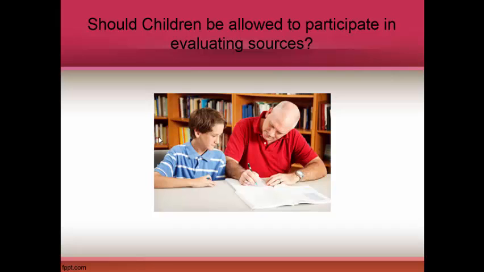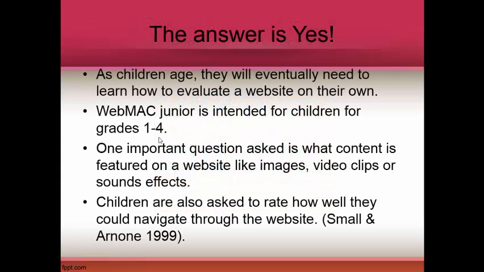Another question is, should children be allowed to participate in evaluating sources? The answer is yes, because they will need to know eventually what to look for, and the age range for doing that would be ages 1 through 4. You'd want to use a program like WebMac Junior. It gives 24 questions regarding content for children to rate from 1 to 3.